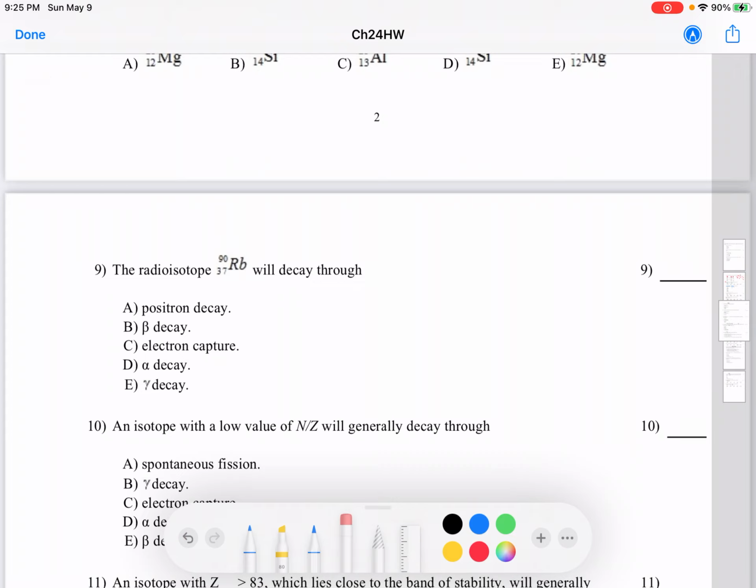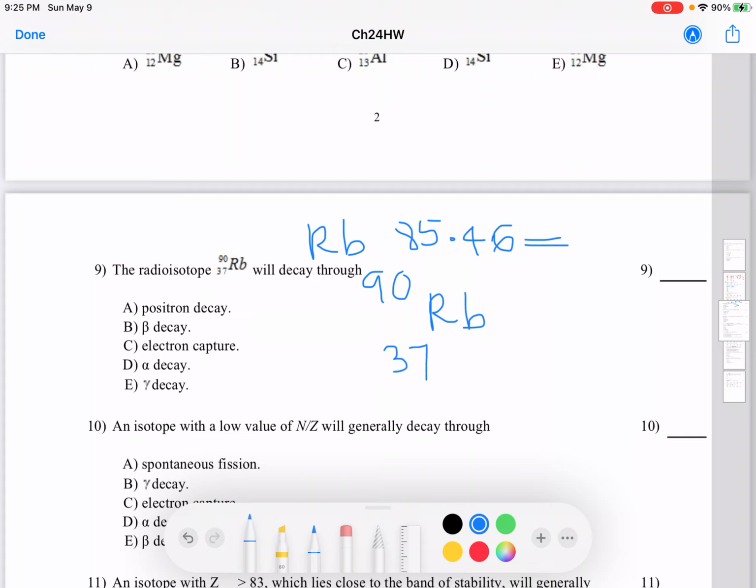Rubidium is 85.46. But what is given here is rubidium 90 and 37. So this is the atomic mass, but this is the mass given.